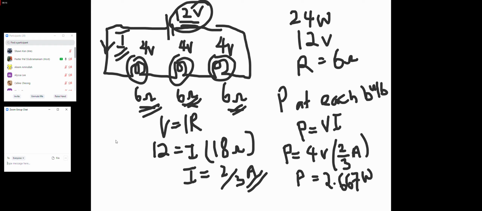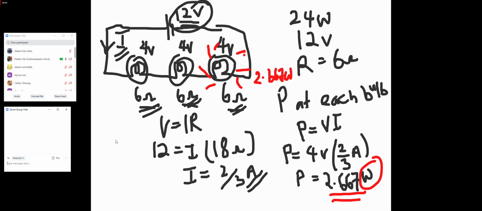So when we calculate the power across each bulb, each of these bulbs is actually emitting a power of only 2.667 watts. So you can see, or not? Comparatively, the parallel was brighter compared to the series.